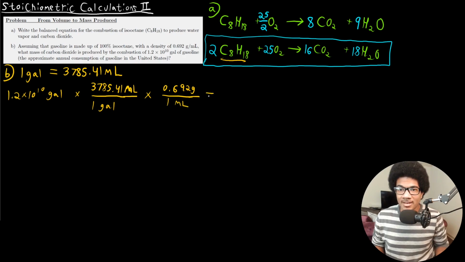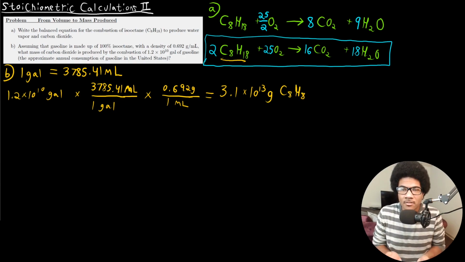So using the density, this gives us the mass of our gasoline. So the mass is going to be 3.1 times 10 to the 13 grams of isooctane. Right, so that gives us a mass for our isooctane. Now we want to take that and convert it to moles, right?